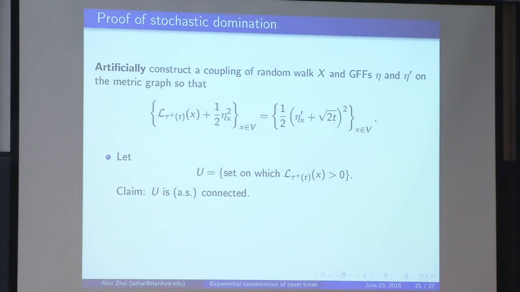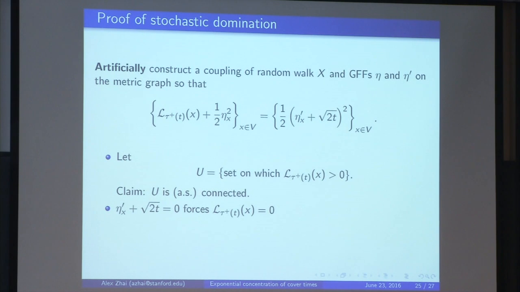So there should be a path I took to get there, and my local time should be positive all the way along that path. This does require some justification because of this limiting thing I did. You can have positive things, but in the limit they go to 0. But I think if you think about it, it should be pretty plausible, and indeed you can show it.